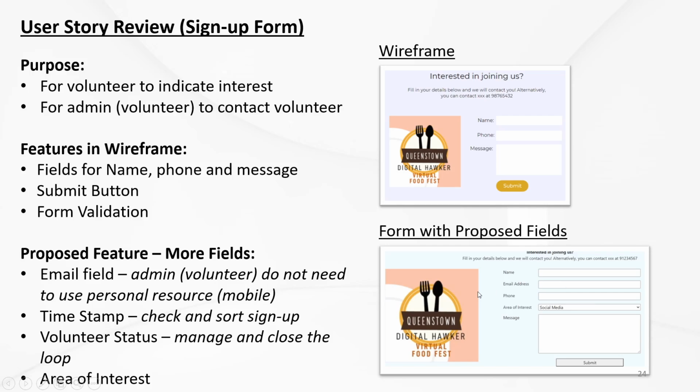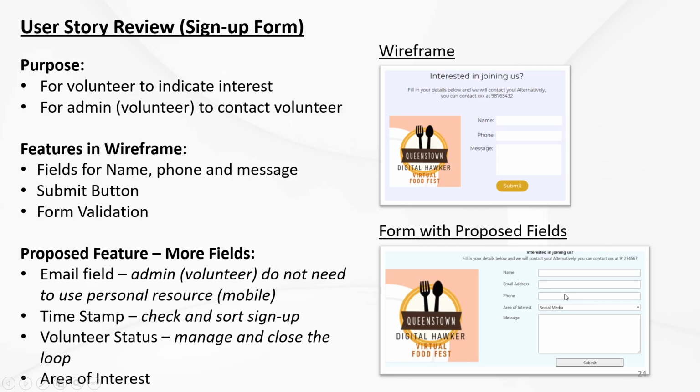Also, we want to propose implementing timestamps so that the volunteer sign-ups can be easily sorted and searched when necessary. We also want to have a volunteer status so that whenever an admin has engaged the volunteer, they will be able to track when they have closed the loop.